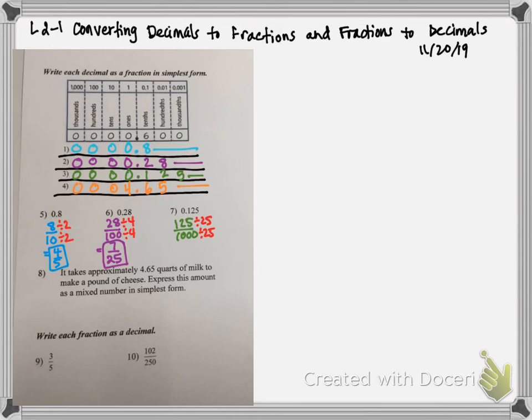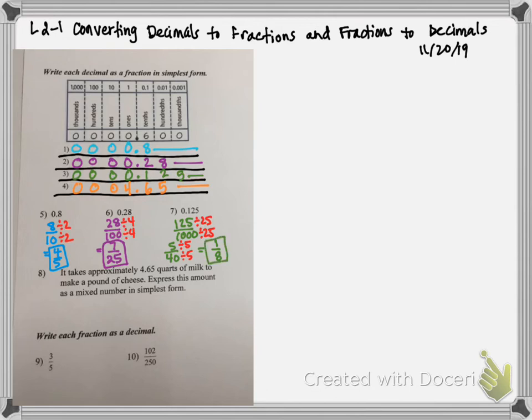So let's see, 25 goes into 125 5 times. 25 goes into 100 4 times, and there's an extra 0. Oh man, look at that. I can still divide. So I'm going to divide out a 5. And I get that the fraction version of 125 thousandths is 1/8.